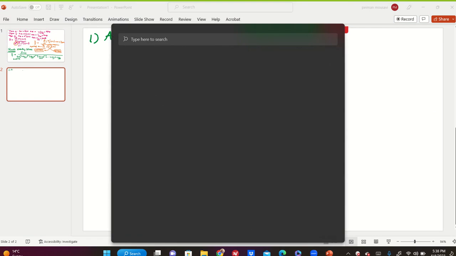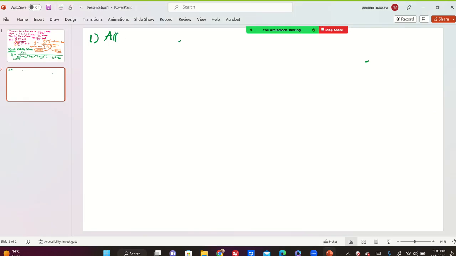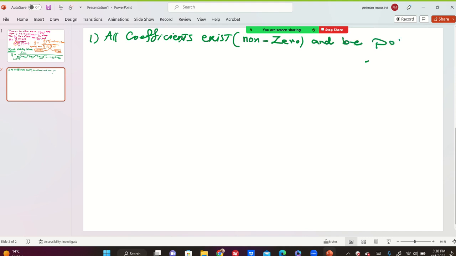All coefficients must exist, means non-zero. All of them must exist, non-zero, and be positive.